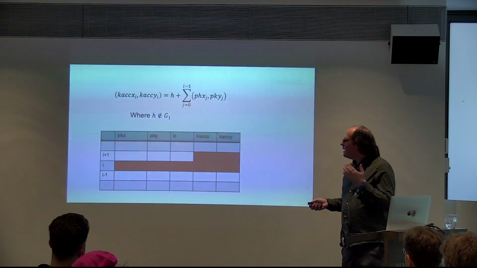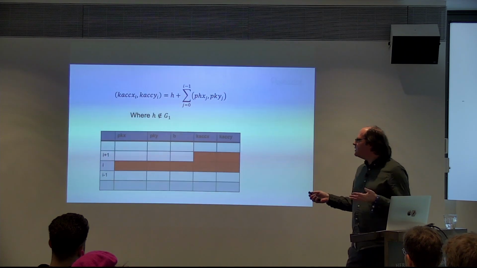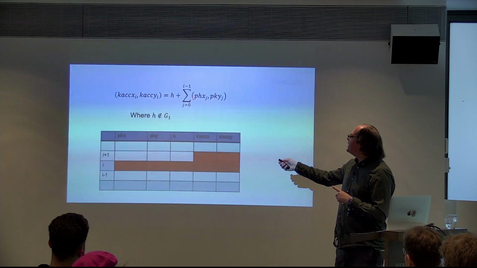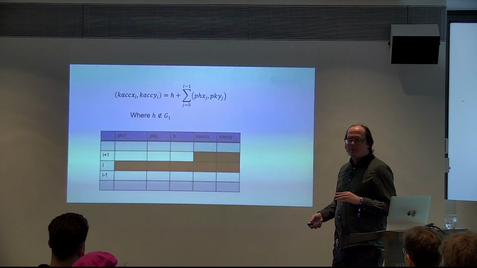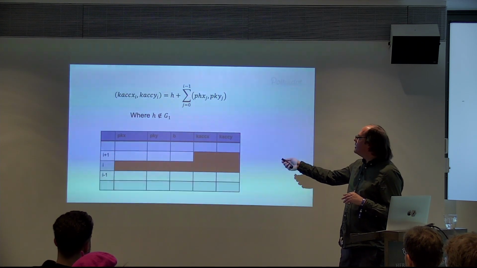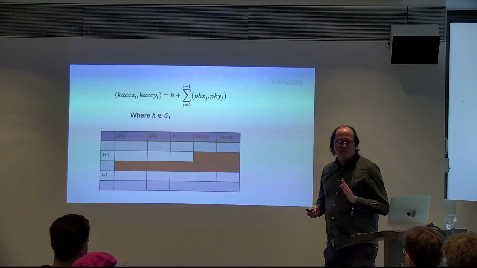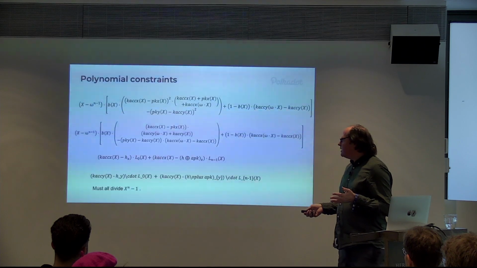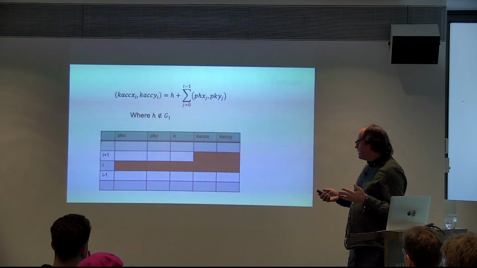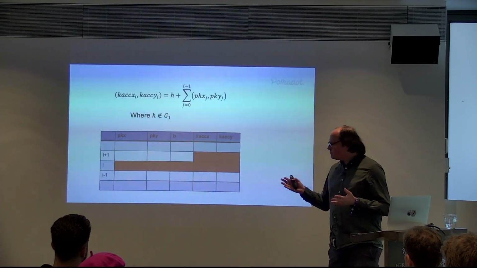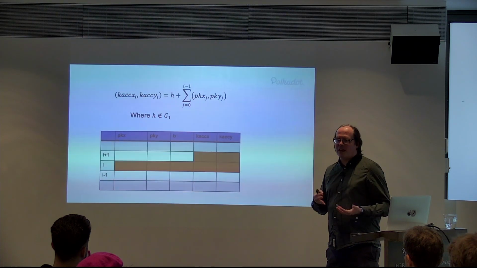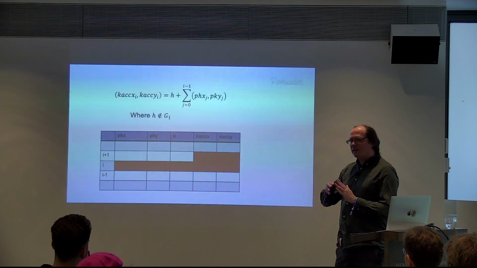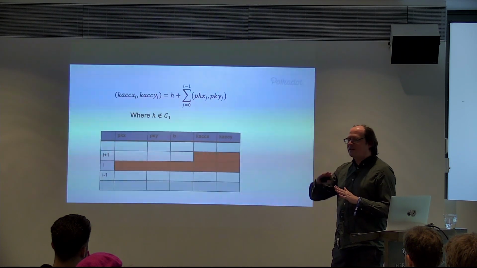So the circuit is super simple. We just, okay, there should be a b here. Imagine there's a b here that I'm using to multiply these things. The way the Halo 2 guys are now talking about how they do their circuits is that they think of chips now.